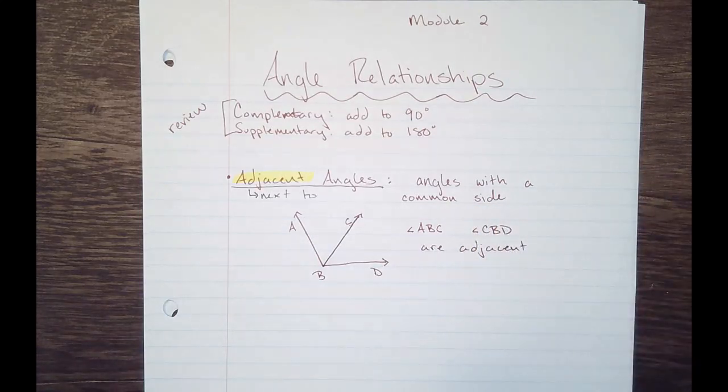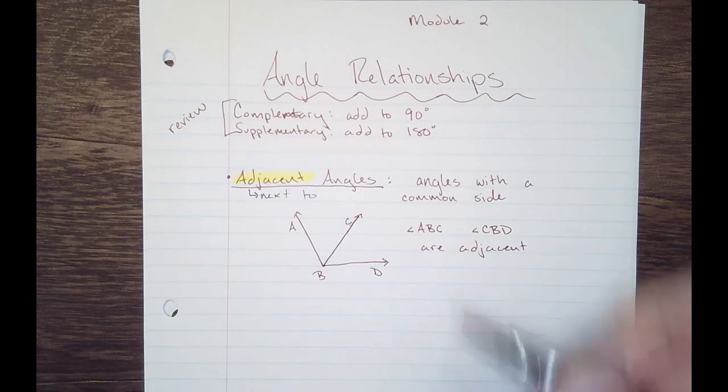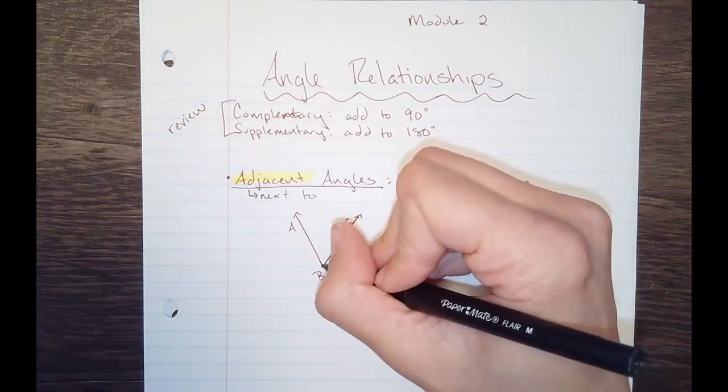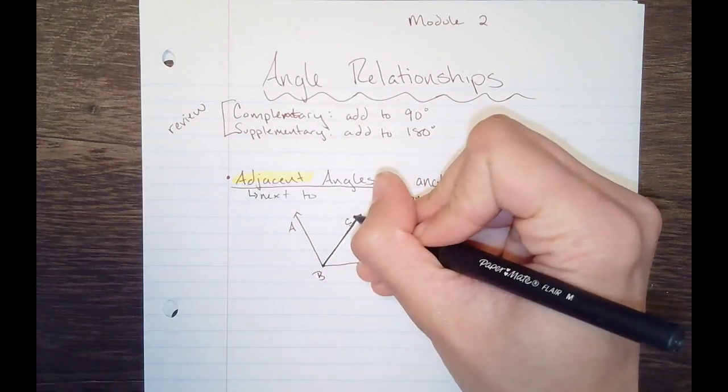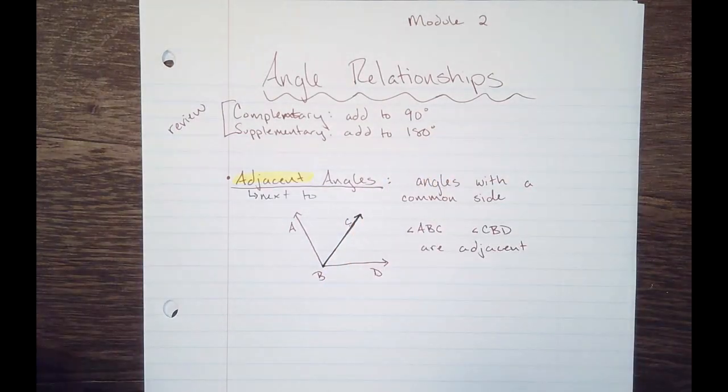Right, so these two angles have a common side, and this side BC is the common side that they share. And so it just makes them right next to each other.